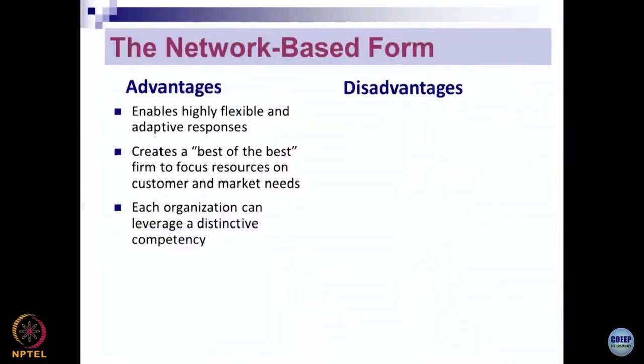Each organization can leverage a distinct competency. In the business environment where network based organizations are operating, an organization can just focus on their expertise. Without network, an organization has to take the responsibility of the production, design, delivery, finance, accounting, all these functions.